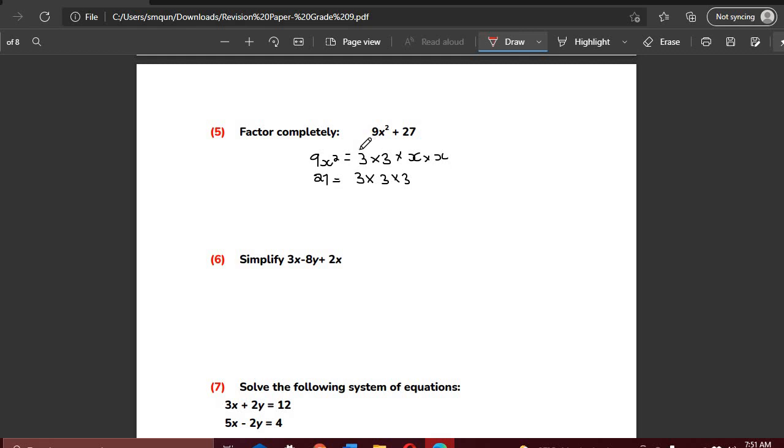All right, so what we're going to do, we're going to circle any pairs of common factors that we can find. Okay, there's no x for us to circle here, so that's basically it. And the HCF is then going to be, so what we're going to do, we're going to write the number in each pair.